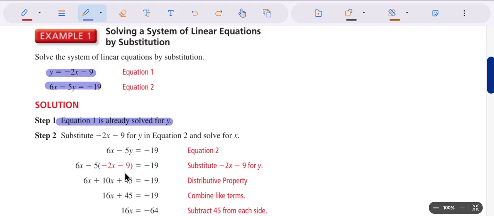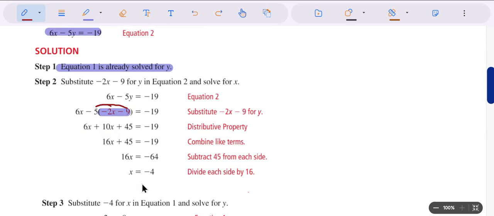Since there are two terms, we should put them in parentheses. But outside, the negative 5 we need to multiply, so we need to consider the sign also. Negative 5 times negative 2x is positive 10x. Then negative 5 times negative 9 becomes positive 45, equal to negative 19.